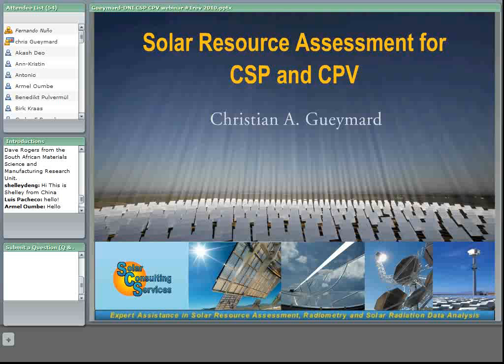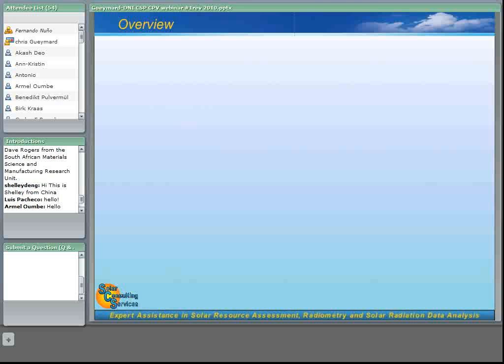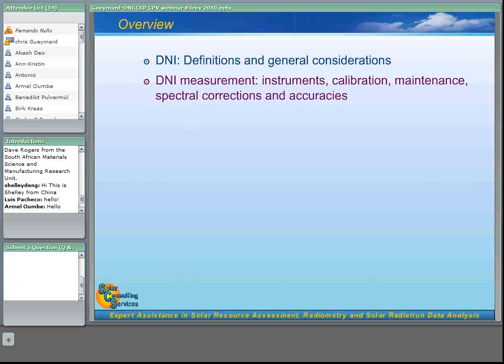So let's start talking about solar resource assessment, and this is the overview. Obviously there are some definitions about DNI, which is the main fuel for CSP and CPV.